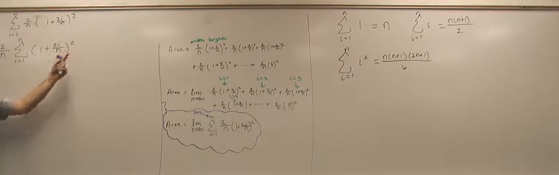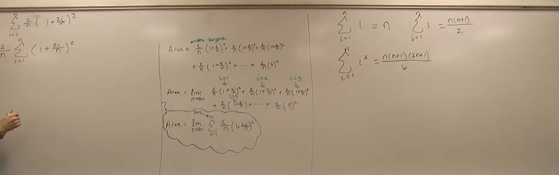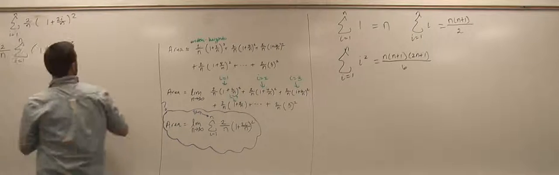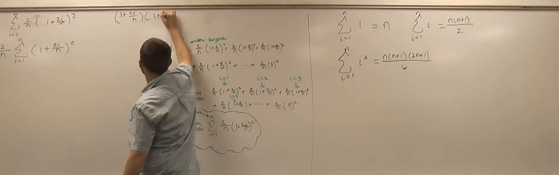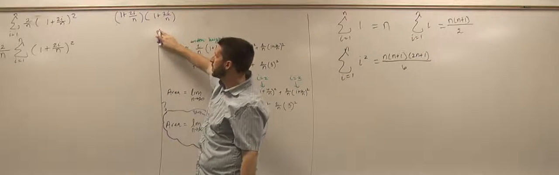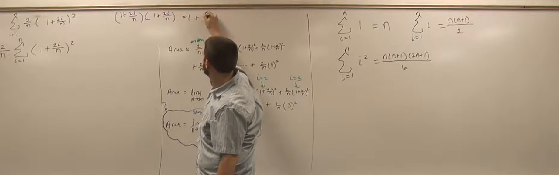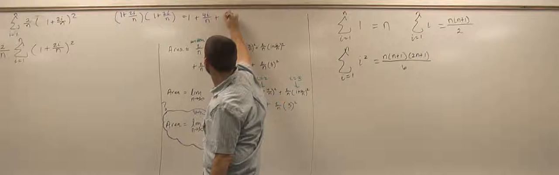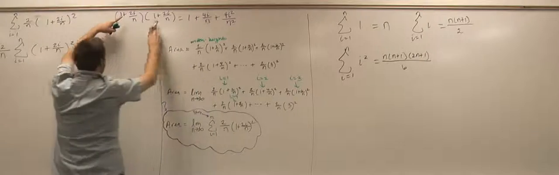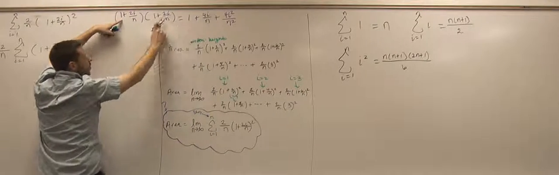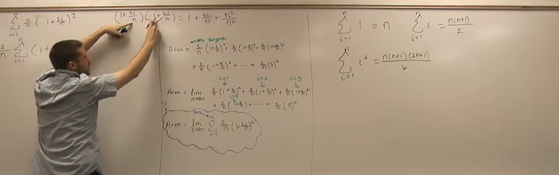Now inside here I have a square. So if I want to go any further, I need to actually square this out. I need to calculate 1 plus 2i over n times 1 plus 2i over n. What does this equal? 1 plus 4i over n plus 4i squared over n squared. So if you FOIL this out, 1 times 1 gives you 1. 1 times 2i over n gives you 2i over n, but then you do it again.